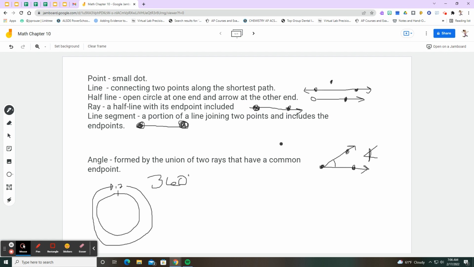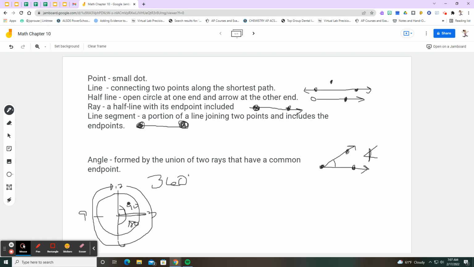Okay. And then we can just divide that up to get different angles. So if you look at an angle, here's 3, here's 6, here's 9. So if we looked at when the hands are at 3 and 12, that's going to make a 90-degree angle. Okay, if you look at when they're between 12 and 6, that's going to make that whole thing be 180 degrees.